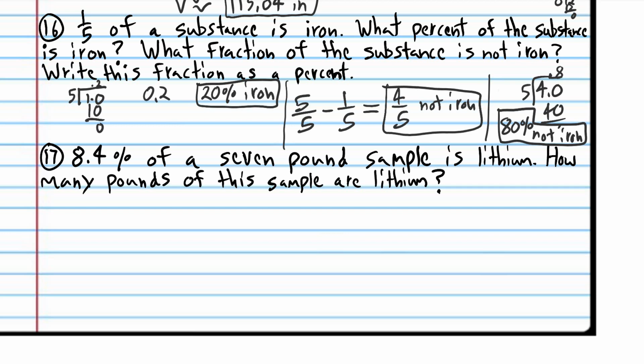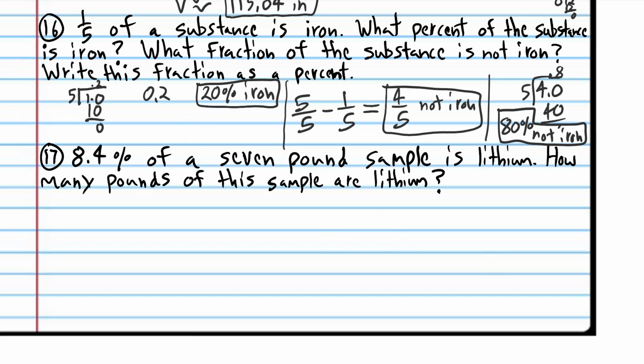But the easier way is to go over to this 20% here. We know 20% is iron, and we know 100% is everything. 100% is the entire substance, because percent means per 100. So if you say 100%, that's 100 out of 100. That's everything, just like 5 out of 5 was everything.